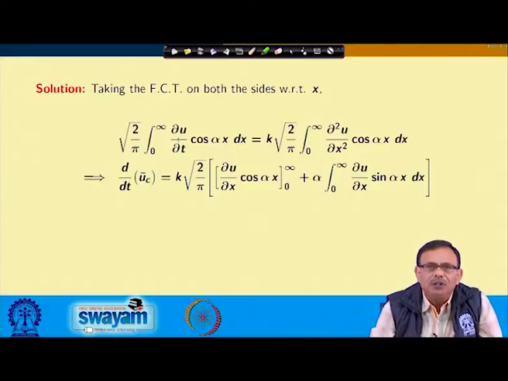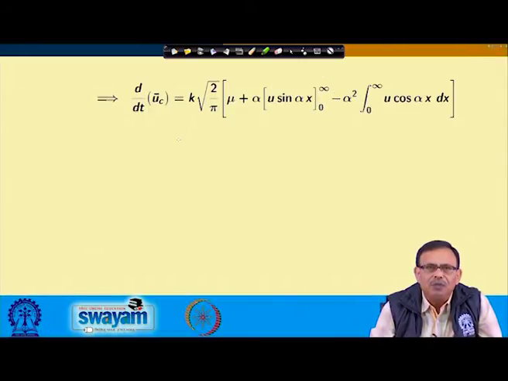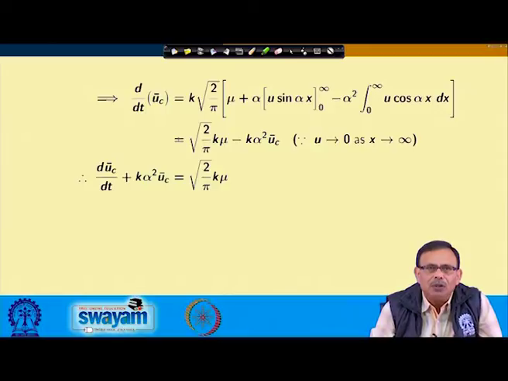For this reason, on the left hand side we have written d by dt of u bar c, which equals, here I am breaking the integral by parts, and after that using the conditions that del u del x equals minus mu when x equals 0 and del u del x approaches 0 as x approaches infinity, I am obtaining this integral. From here you can again break the integral, and ultimately you obtain the equation d u bar c by dt plus k alpha square u bar c equals root over 2 by pi k mu.